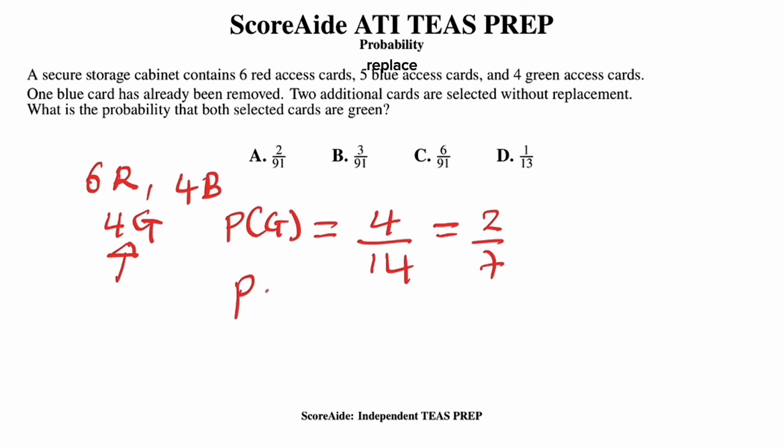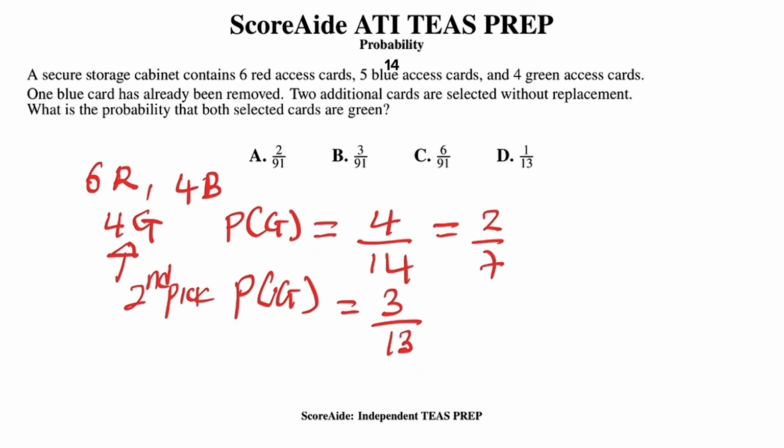We pick and we don't replace. It means that the total number of green reduces. So the second pick, the probability of green the second time is going to be 3 over something. If the total number of green reduces, it means that the total number of cards in that deck will reduce too. So instead we have 13 cards left, right?